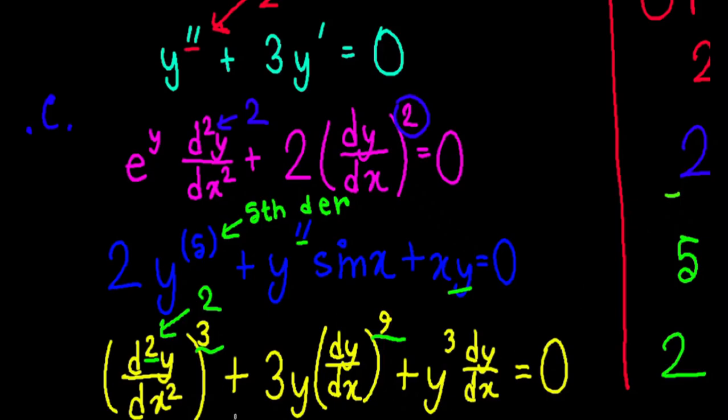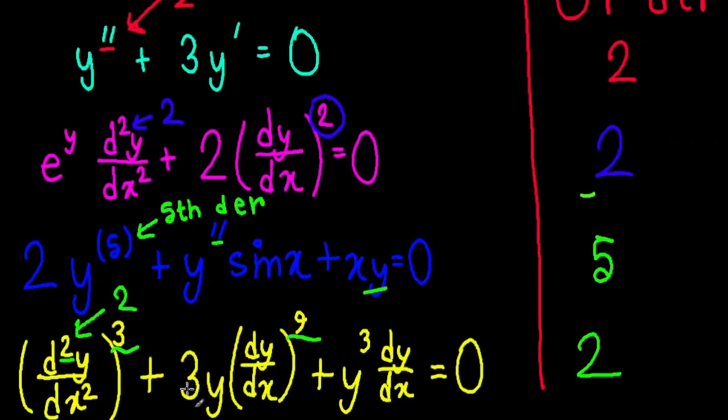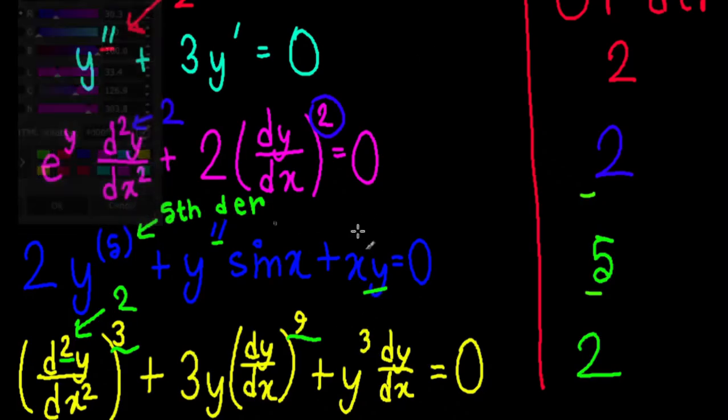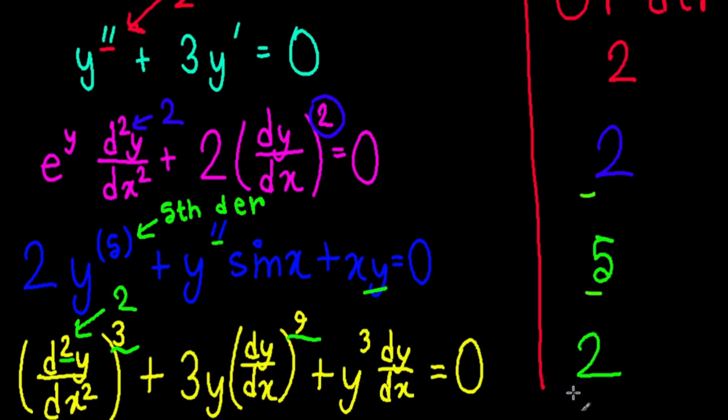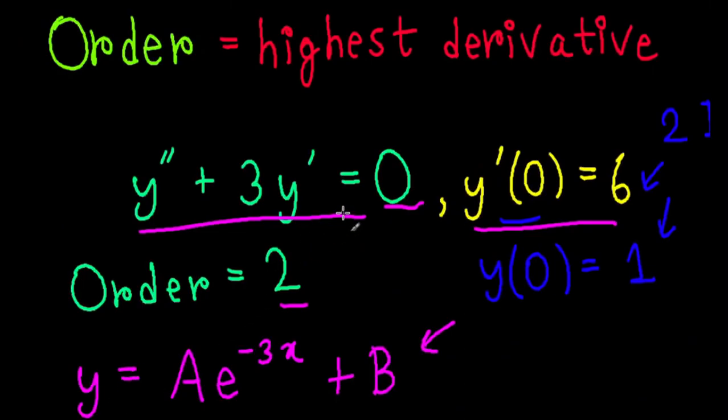The third one, the order is 5, so you need 5 initial conditions. The last one, the order is 2, so even if the powers look scary, power of 3, power of 9, you should still just require 2 initial conditions. The number of initial conditions you need depends only on the order.